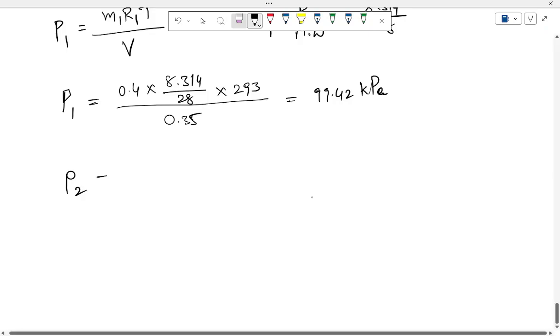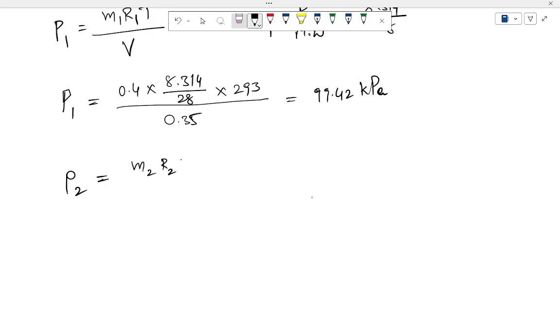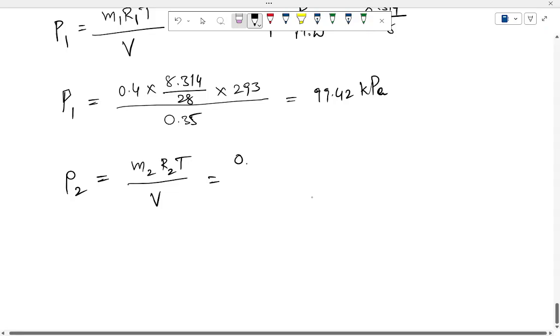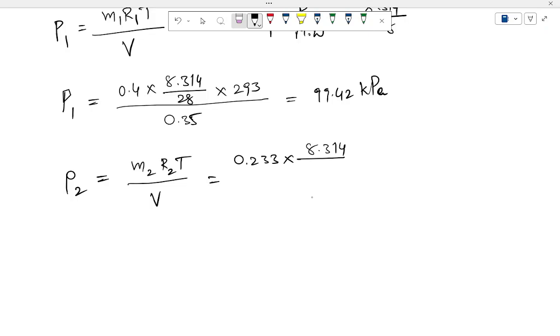The P2 will be equal to M2 R2T by V, which is equal to, again the M2 value is 0.233 and the R2 value is 8.314 by the molecular weight of oxygen should be taken here. For oxygen the value is 32.